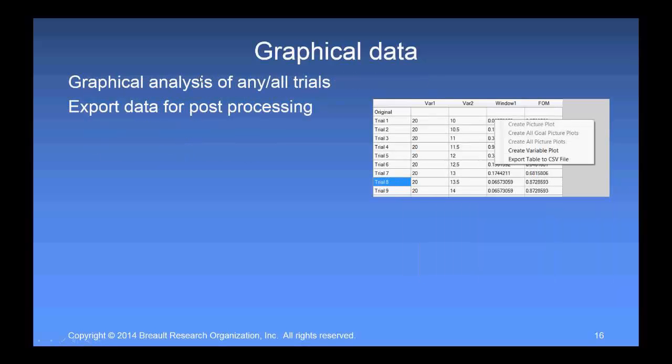And you can look at a graphical analysis of any or all of the trials. The numerical data can be exported if you want to do some post-processing, but you can create picture plots, goal plots, false color plots for all or just one of the trials. So lots of graphical options available to you.